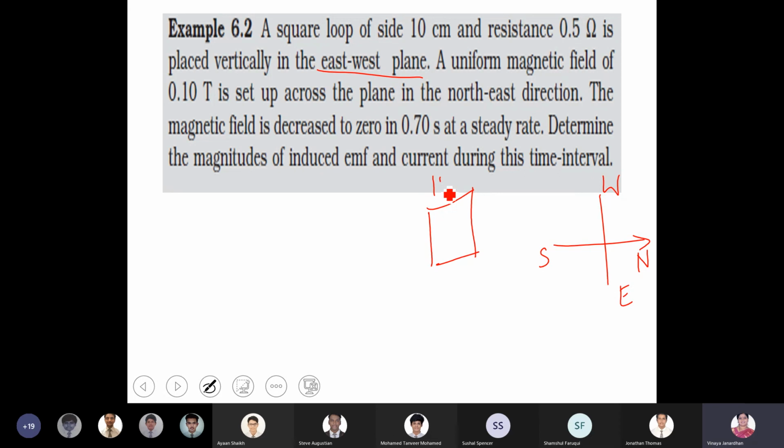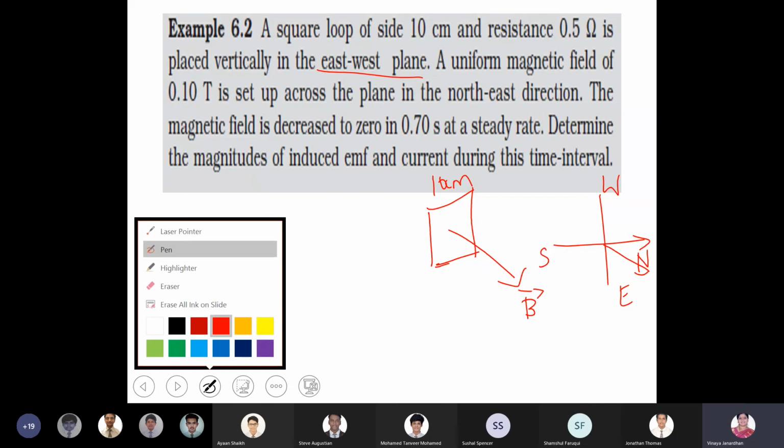The side of the loop is 10 centimeter, right, boys? And the resistance of the loop is 0.5 ohms. Now, a uniform magnetic field of 0.10 Tesla is set up across the plane in the northeast direction, which means your magnetic field is along northeast. This is your northeast direction, boys.